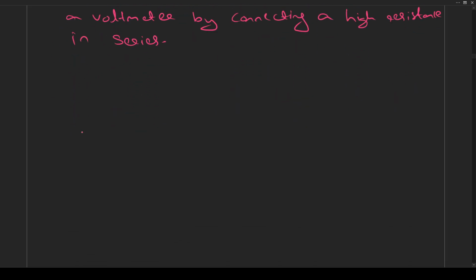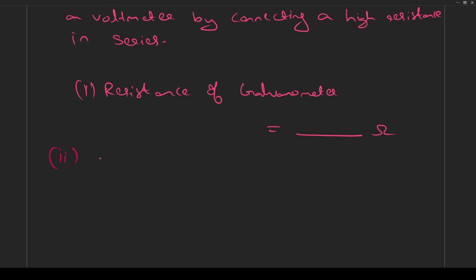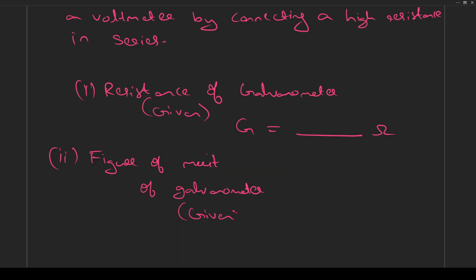What we need for this: first, the resistance of the galvanometer, which will be given, G equals dash ohms. Two, the figure of merit of the galvanometer, which will also be given, K equals dash ampere per division.